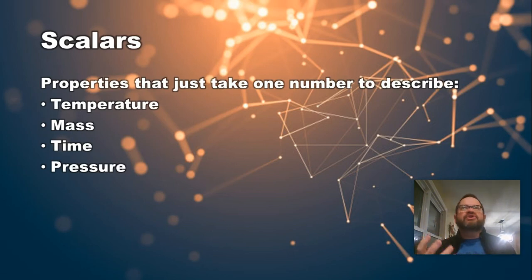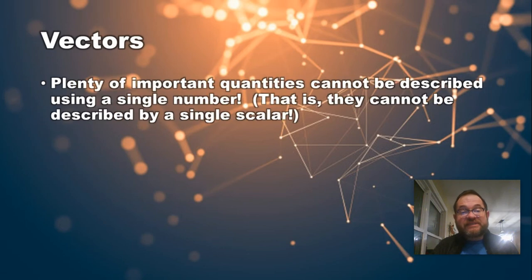Temperature is 42.3 degrees Fahrenheit, or the mass is 10 kilograms, or the time is 10 seconds after the experiment started, or the pressure is 101,000 pascals. But they're just numbers. Scalars are just a number.